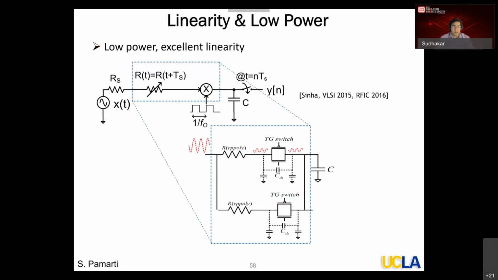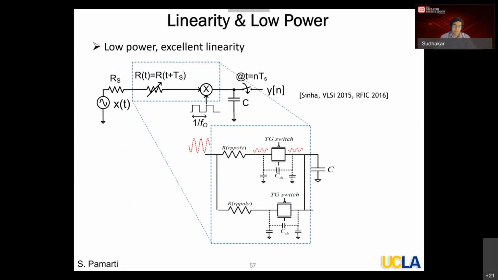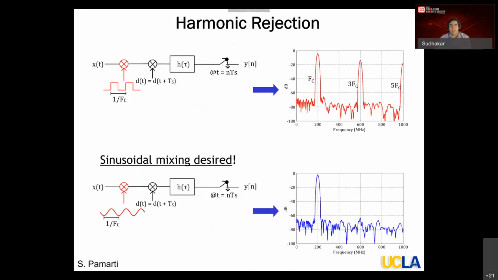Now, if I simply multiply by an LO with a passive mixer, then I will have image responses at the harmonics of the LO, for example at 3FC, 5FC, and so on. That may be okay in some RF front ends, but not all.